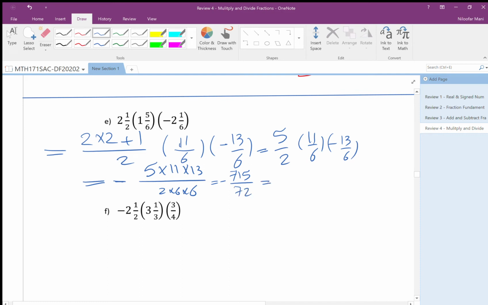And how many do I have? So minus 9. And what is left? 67. So minus 9, 67 divided by 72.